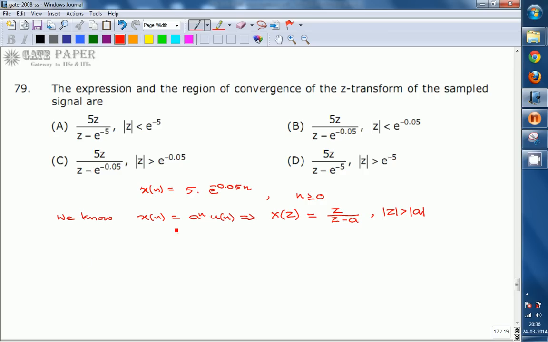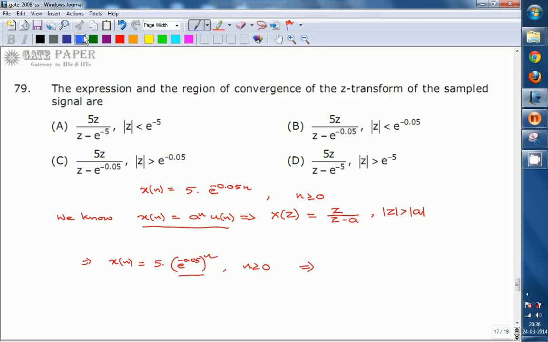Converting to this form, x of n equals 5 into e power minus 0.05 whole power n for n greater than or equal to 0, so a becomes e power minus 0.05.